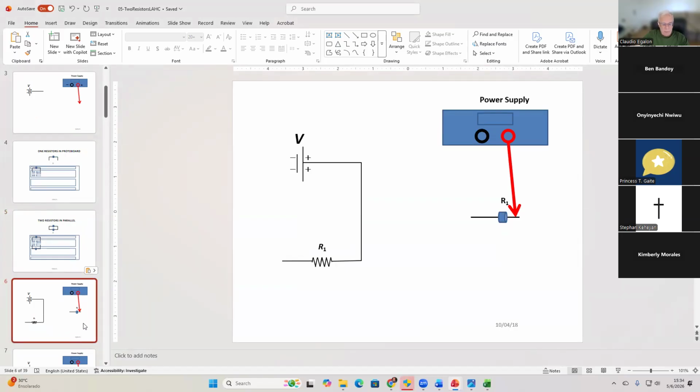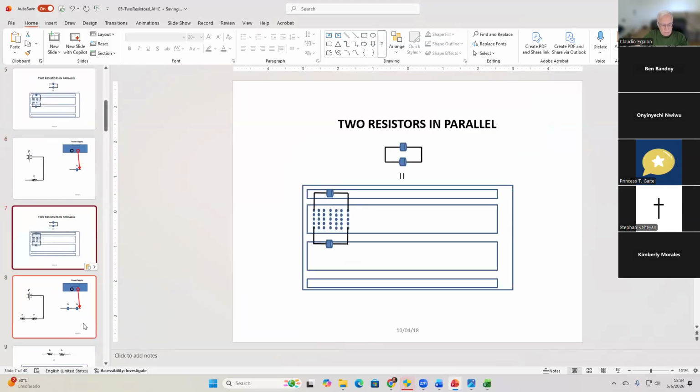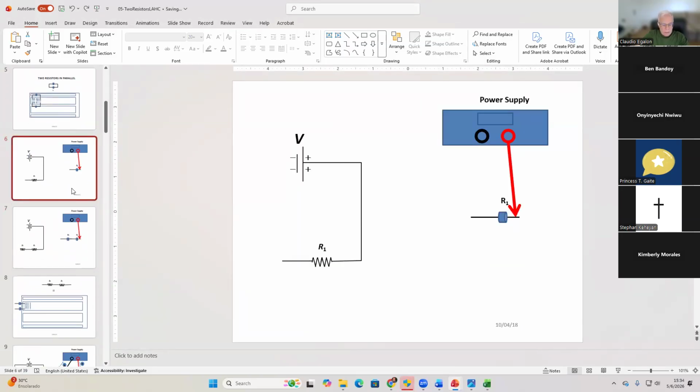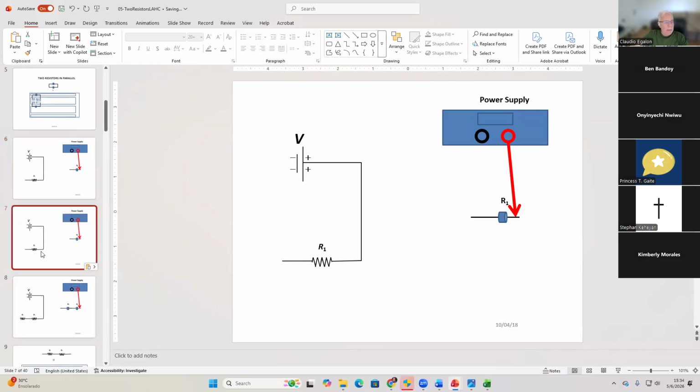And let's not forget that this resistor will be in parallel with the other resistor.